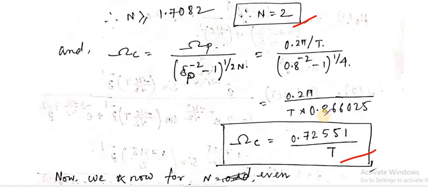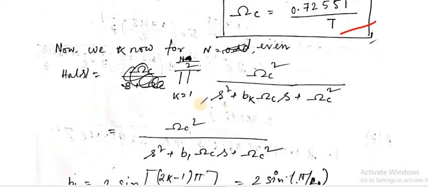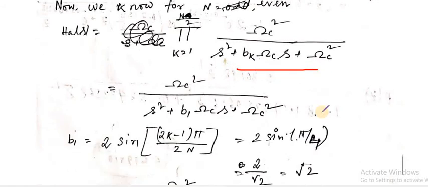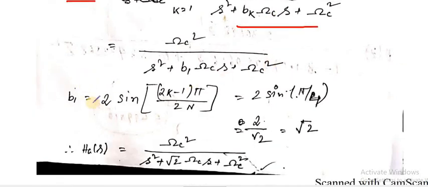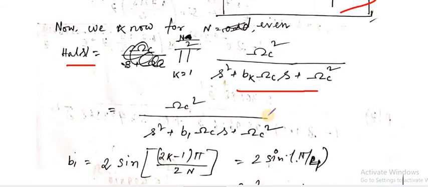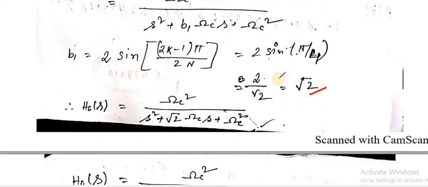Here the order is 2, so we write down this formula, the analog transfer function for n even, where the corresponding b1 value can be calculated, so root 2. Just put the value k equal to 1 to n by 2, n is here 2, so just one value, k equal to 1.